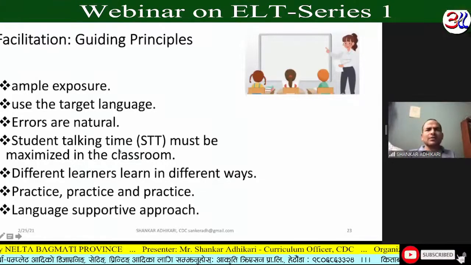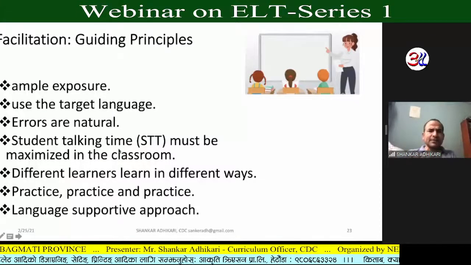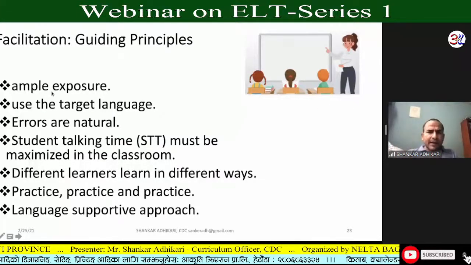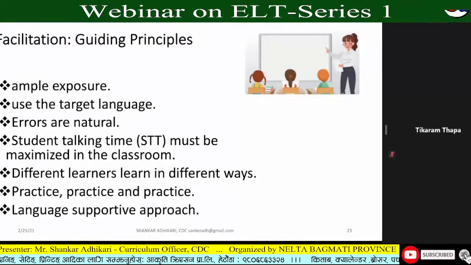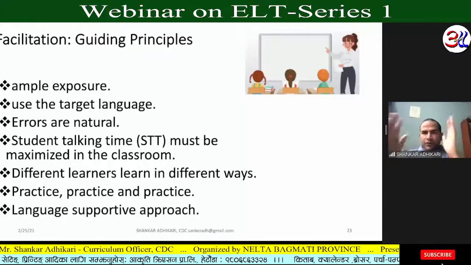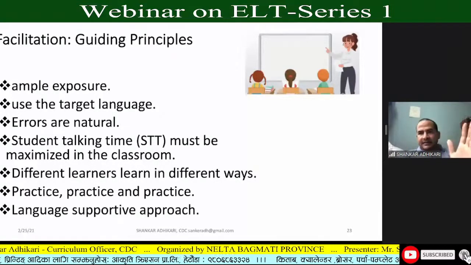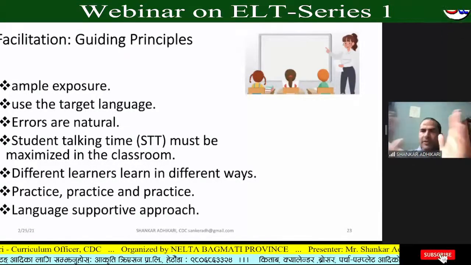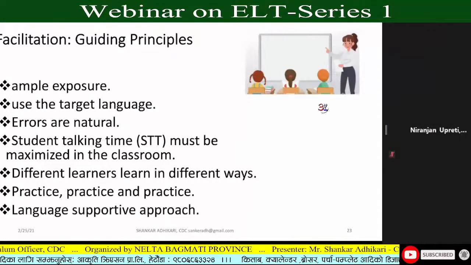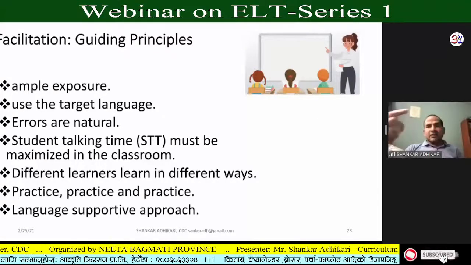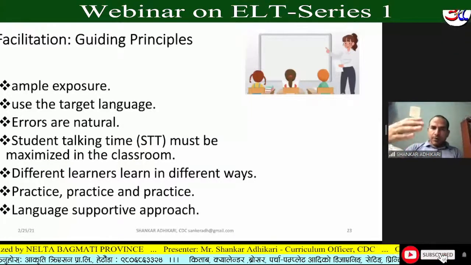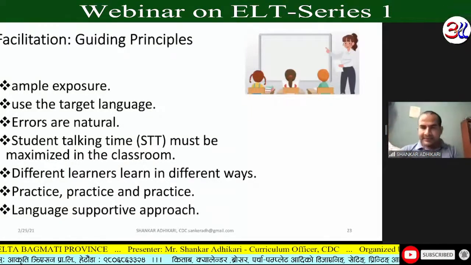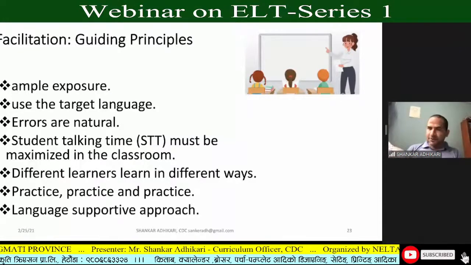This is all about the guiding principles. Ample exposure: give them exposure to English, and very simple English. Do not say, I would like all of you to open your book and remain silent. What do you want your students to do?